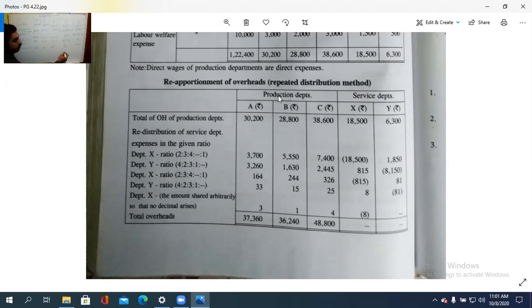Now there is pending for X, 8 rupees. So department X again, how much is it? X in the ratio 2:3:4 has to be taken. So 3 for the first department, 1 for the second department, and 4 for the third department.